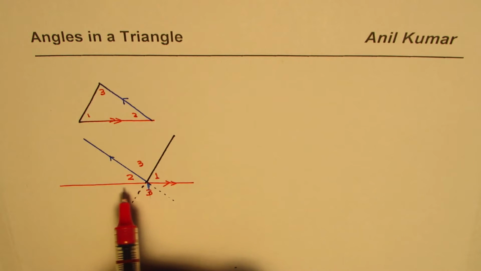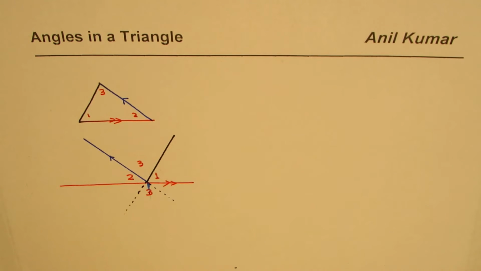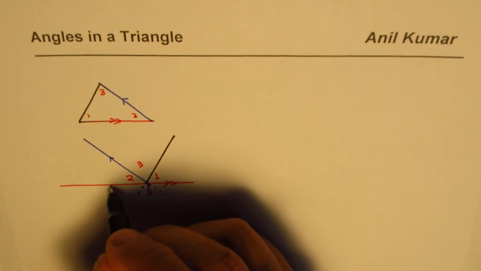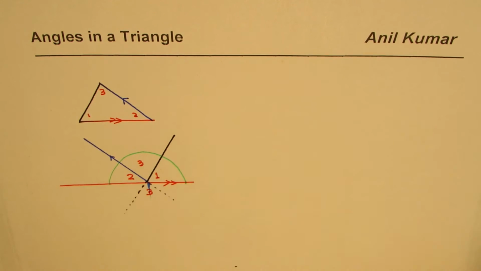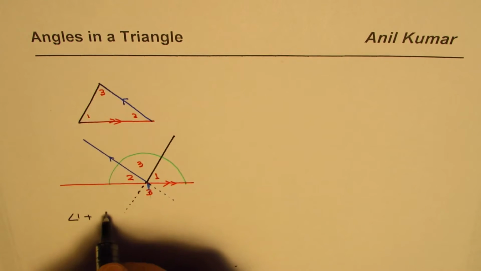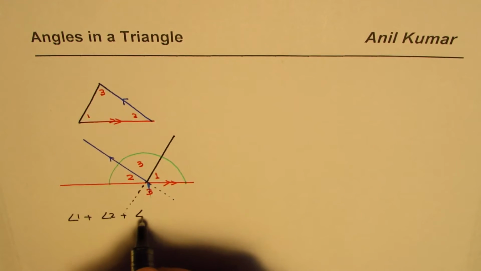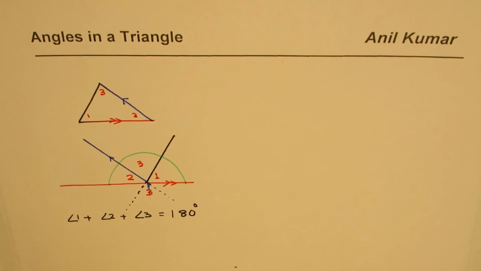So what you find here is all these three angles will form a straight line. So combination of these three is a straight line. How much do you think is that? So angle 1 plus angle 2 plus angle 3 is equal to 180 degrees. Correct?